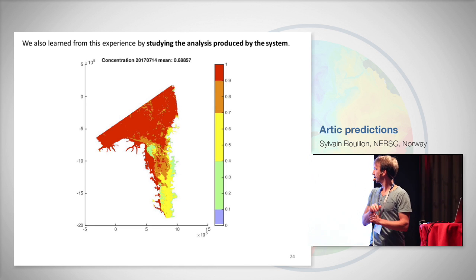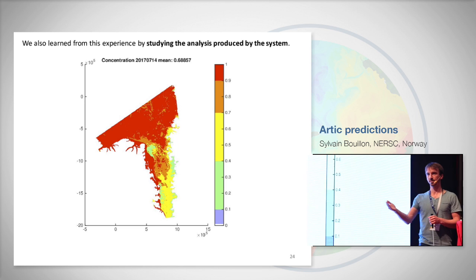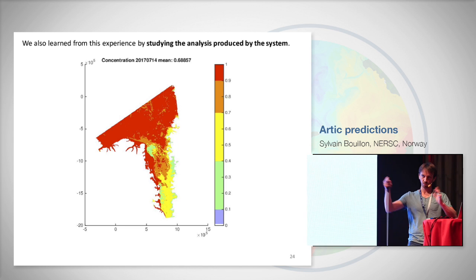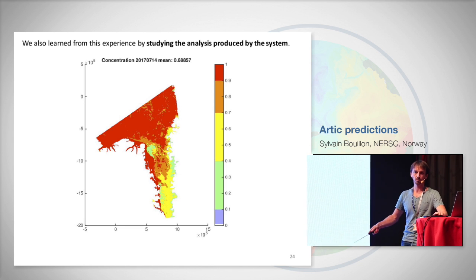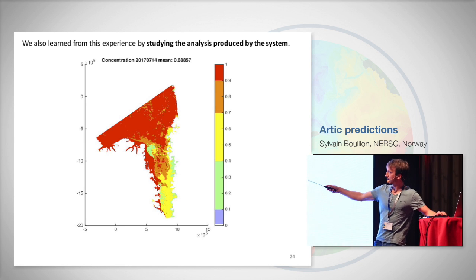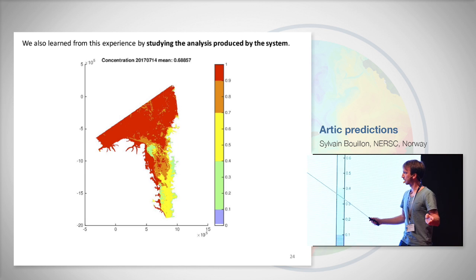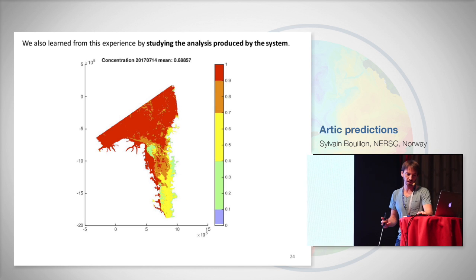We learned a lot from this experience, because if you have a forecast system, it means that you also get an analysis. The analysis is merging data and model. So you can look at how the sea ice concentration from the analysis looks like. This is the initial field, merging data from observation, so satellite observation, ice charts, but also reanalysis or forecasting systems.